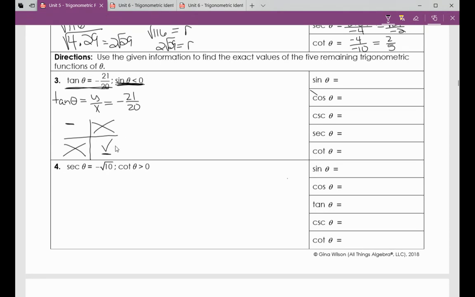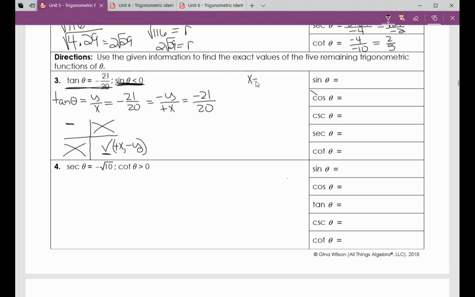And in this quadrant, every x is positive and every y is negative. The reason I need to know that is because I need to know which one of these numbers gets that negative. So with respect to where my angle falls, that would be negative y over positive x. So the negative is going to go with the 21 and the 20 is going to be positive.